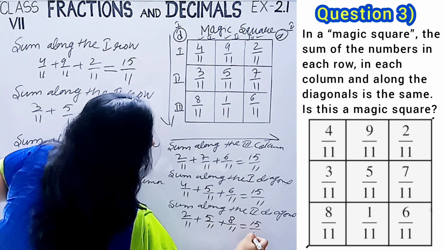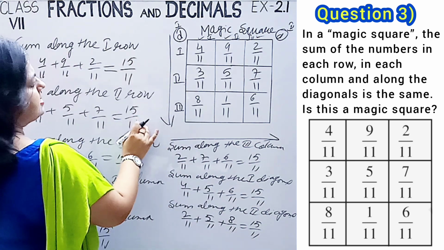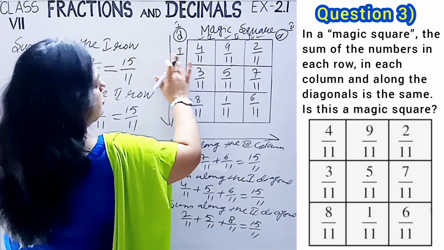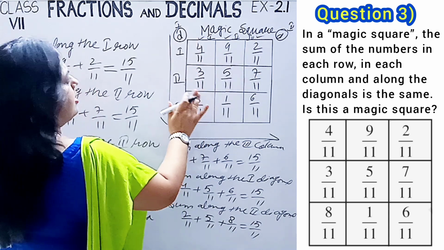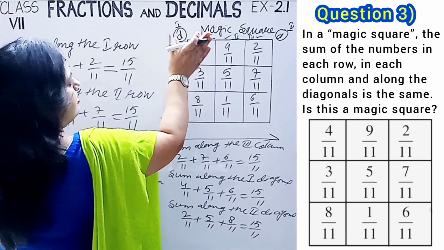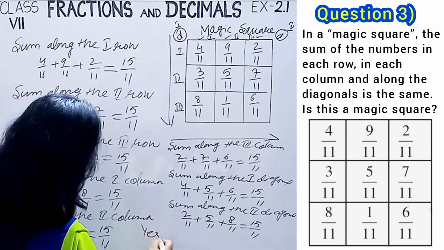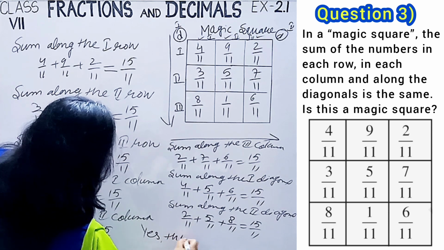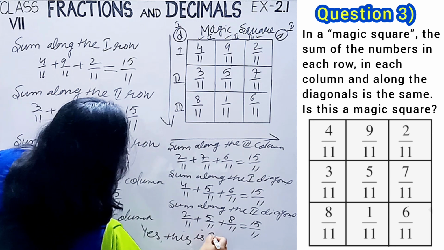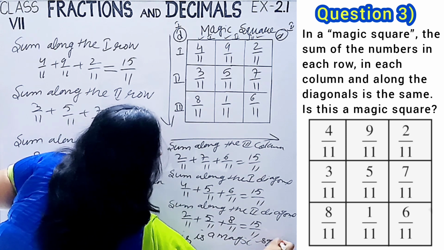So here we saw that 15 by 11 is the answer of every column, every row and every diagonal. It means yes, this is our magic square. Answer.